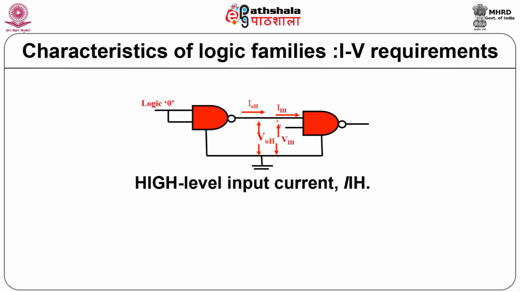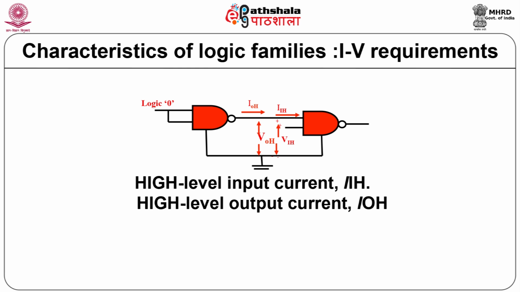For the high level input current, it is referred to as IIH, and you can see in the diagram that it is the current which is going into the gate. High level output current IOH is the output current when the output is high logic level.